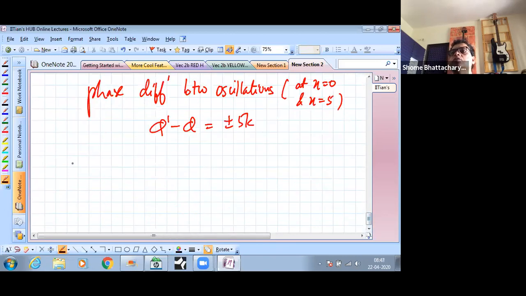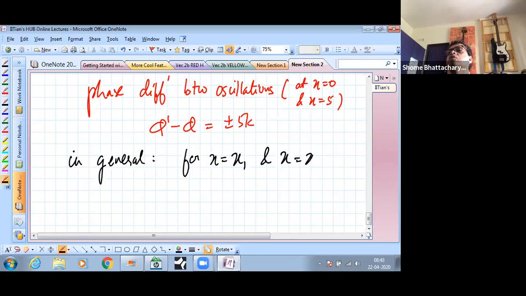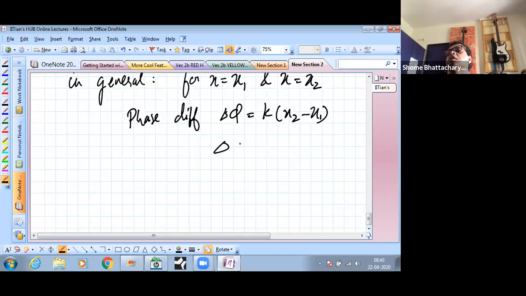In general, for the particle at x equal to x1 and x equal to x2, the phase difference delta phi becomes k times x2 minus x1, or we say that the phase difference delta phi is k, which can be written as 2 pi by lambda into the path difference, delta x.